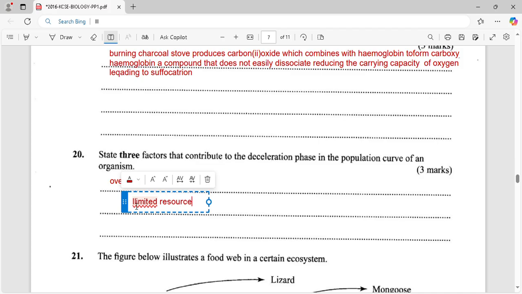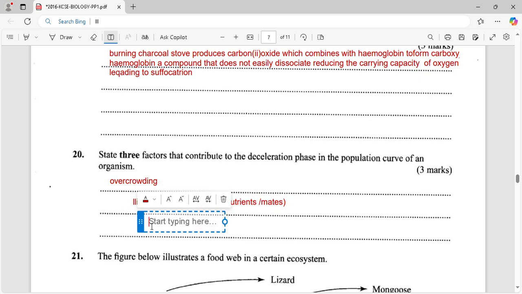And when I talk about limited resources, I'm talking about things like space, and I'm also talking about things like nutrients. Okay? And even mates. And the last factor is accumulation of toxic materials. These are the 3 factors that can lead to reduction or deceleration in population growth.